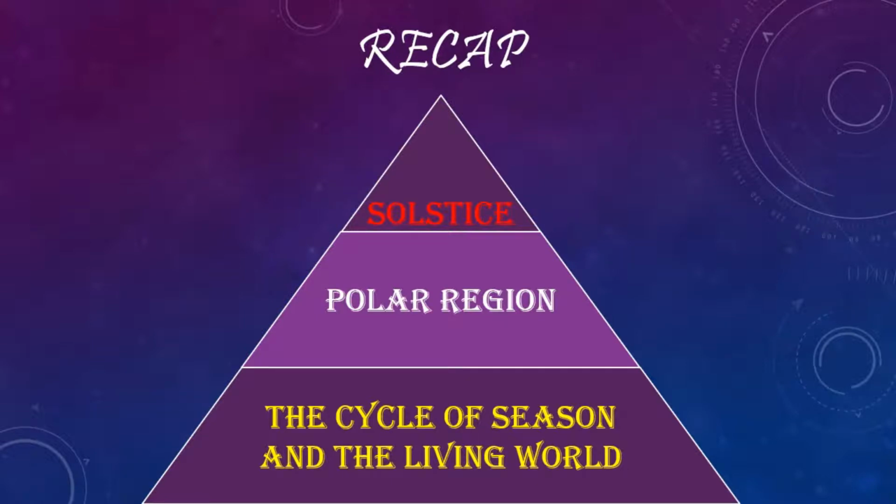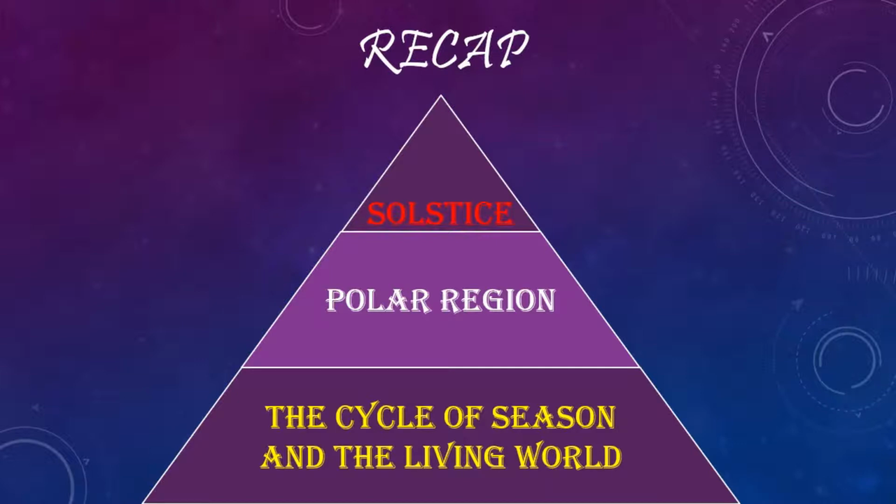On 22nd December, the sun rays become perpendicular on the Tropic of Capricorn, that is winter solstice. These 2 days are called solstice days. 21st June is the longest day and it marks the shortest night in the northern hemisphere. And 22nd December marks the longest day and the shortest night in the southern hemisphere.